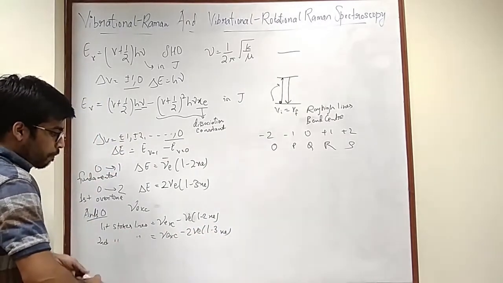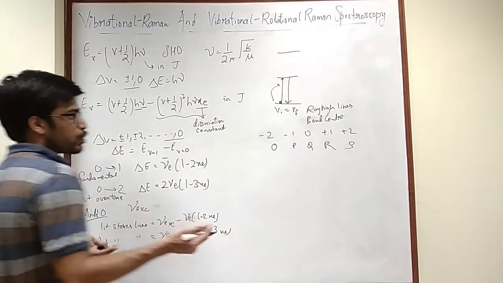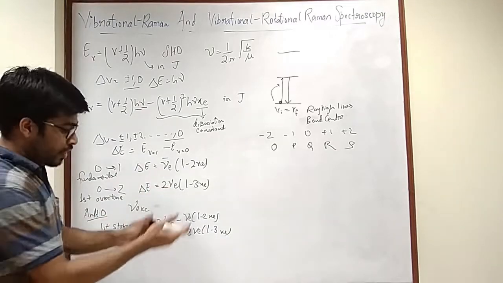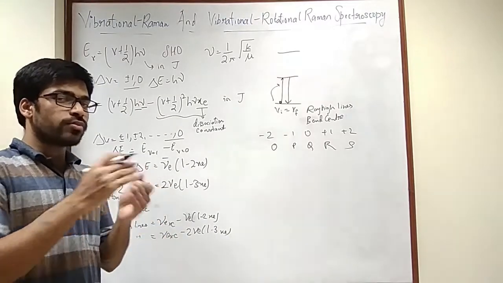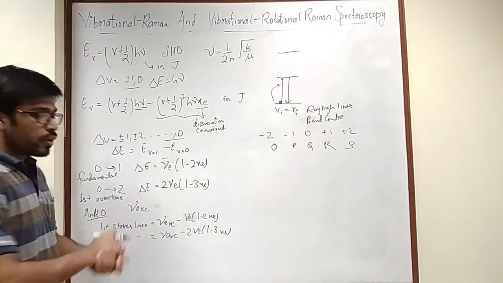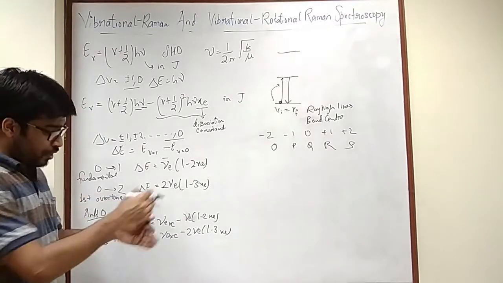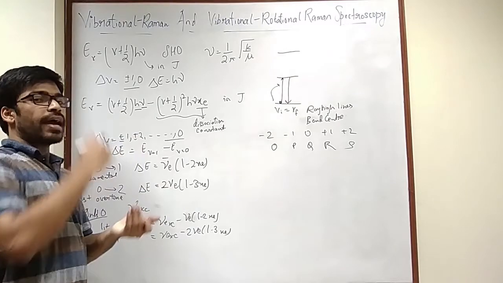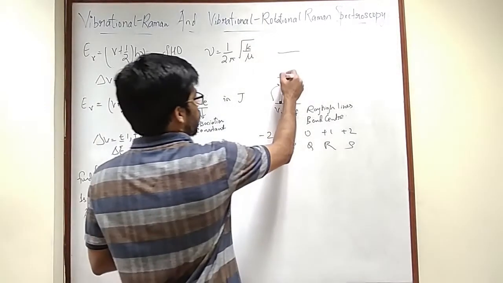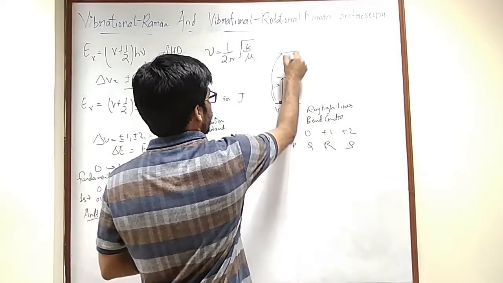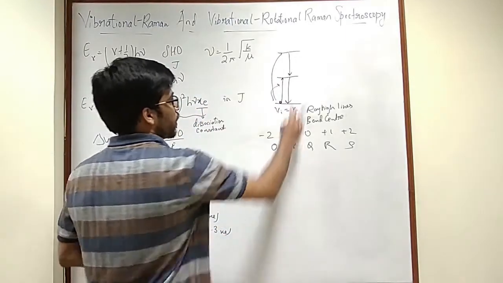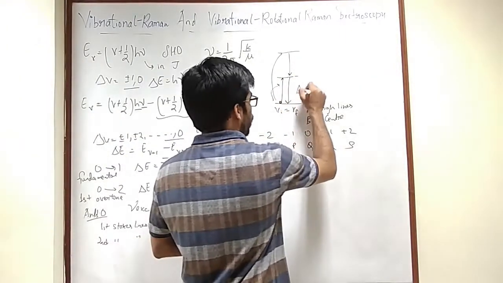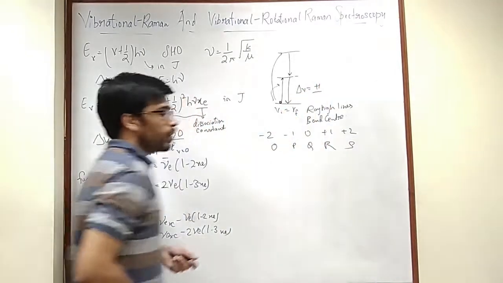So why Stokes line? Stokes line because there is some absorption of energy occurring. Stokes lines always come when the molecule absorbs some energy, and in the case of vibrational energy levels, that energy is being absorbed to do the transition to some higher energy level. So that would mean the molecule goes here and let's say comes back only till here, not to the lowest energy level. In that case, there is a delta V of plus 1.